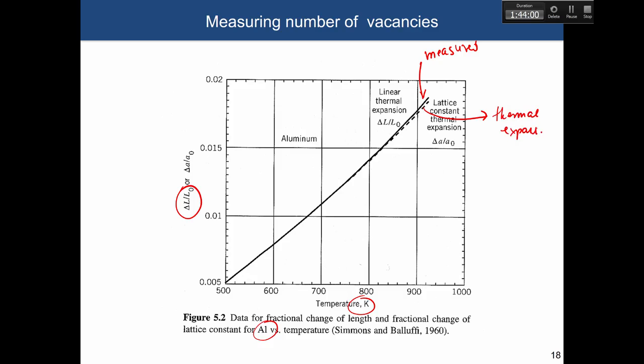The tiny difference between these two curves gives you the concentration or the expansion that is due to the presence of the vacancies. You can see that these two graphs are very similar at low temperatures, and then they open up. This difference becomes more and more significant at higher temperatures.